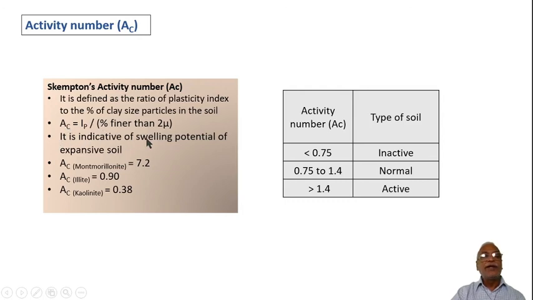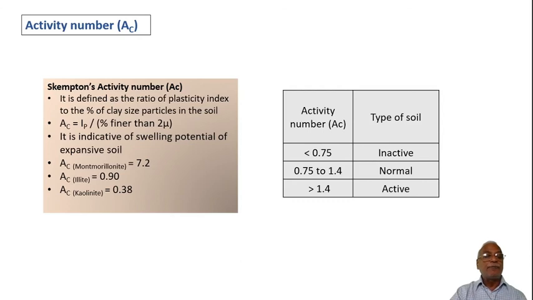This is an indicative of swelling potential of expansive soils. Expansive soil means the soil, when it comes in contact with the water, it expands. The best example would be black cotton soil. When you put the water onto that, it swells, it expands in its volume. But when it is dried, it shrinks in its size.